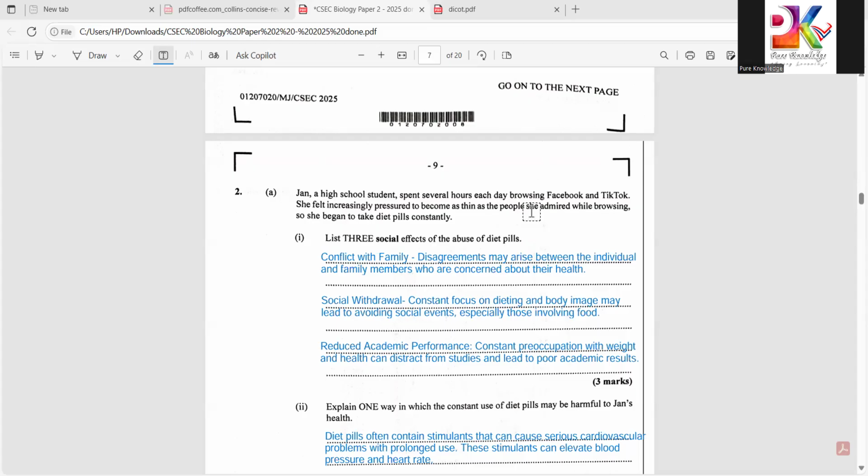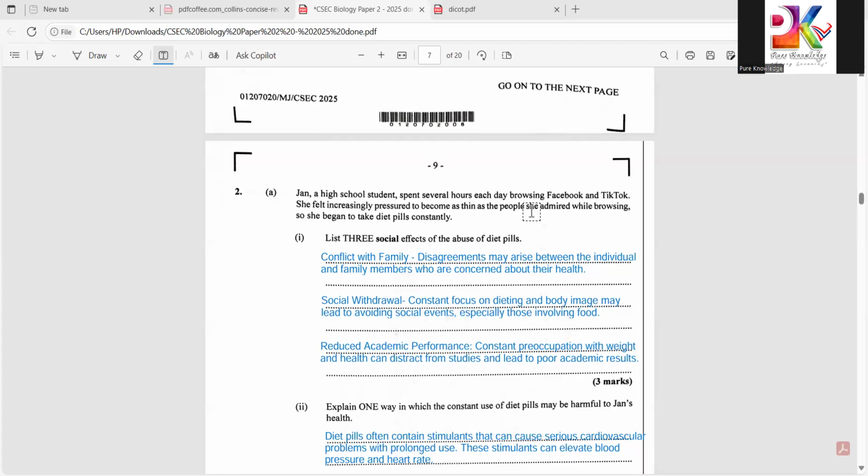Diet pills have a lot of social effects. Social means people, right? Society. So she could have conflict with her family. And of course, there are many different social things that you could write there, so tell me what you wrote in the comments. Parents may disagree about taking a diet pill, so it could cause conflict within the family. She could have social withdrawal, mainly focusing on taking the pill and watching her image, because somebody that takes diet pills is really not confident in their body image.